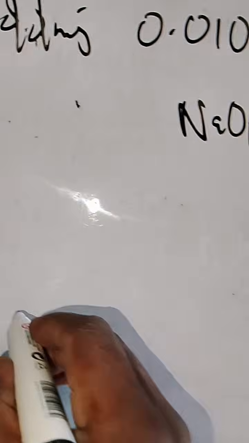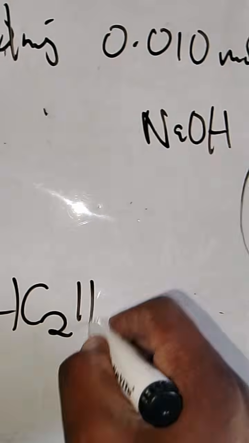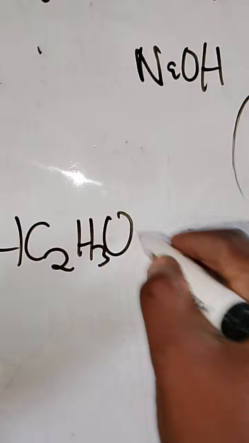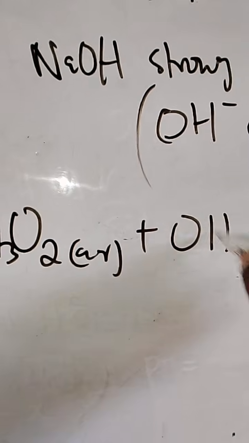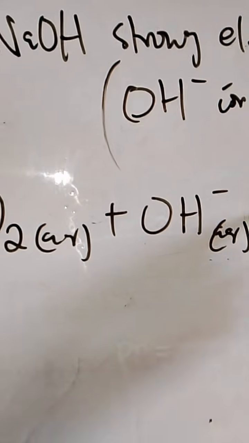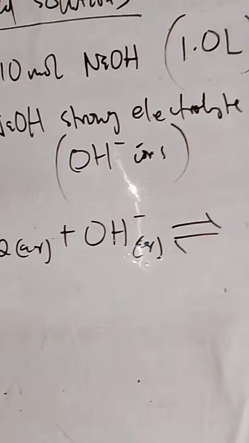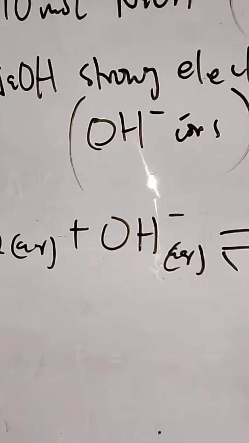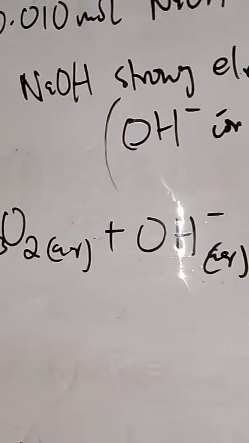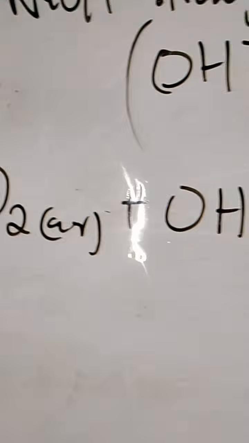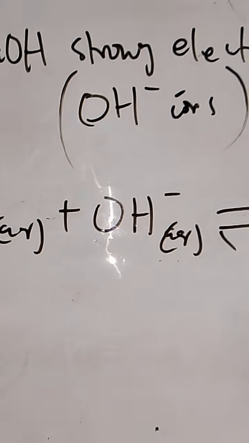So the acid, HC2H3O2, plus OH minus: it will react with the acid, then this will give us a neutralization reaction.